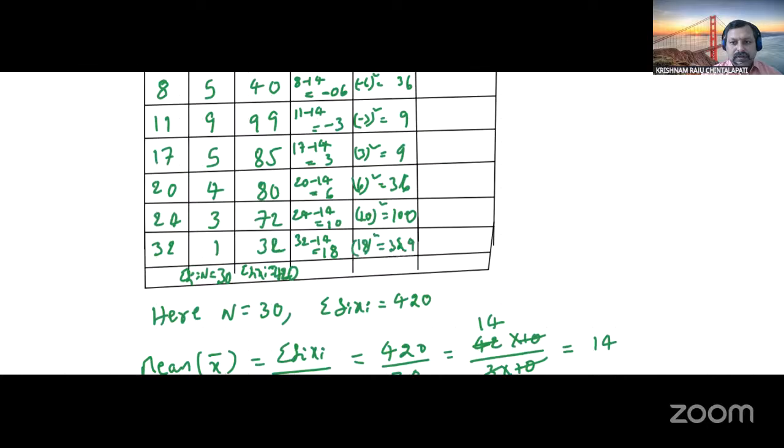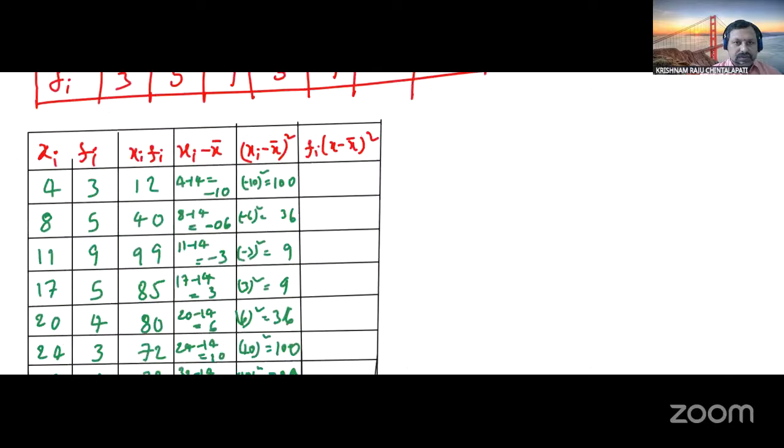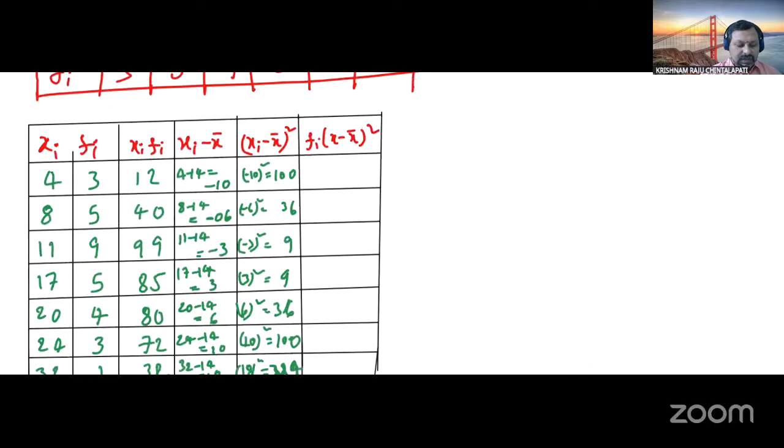Now fill the last column. Last column is Fi into xi minus X bar whole square. So what is Fi value? 3. 100 into 3 is 300. Next, 5 into 36 is 180. Next, Fi value 9. 9 into 9 is 81.